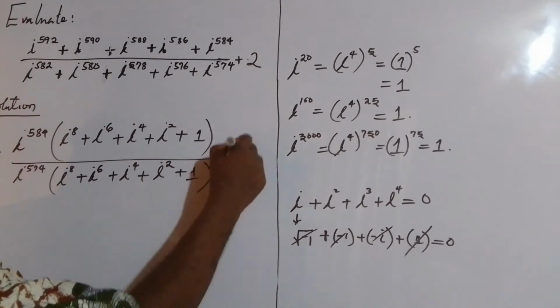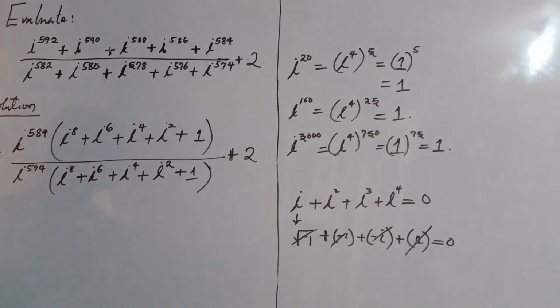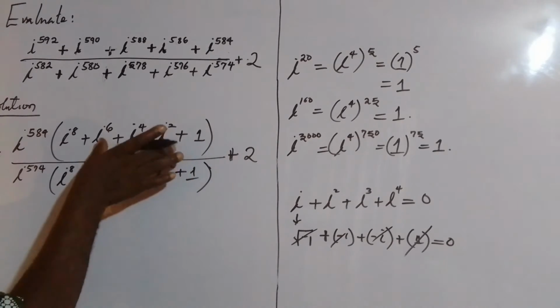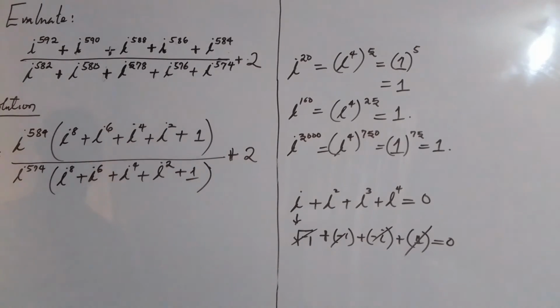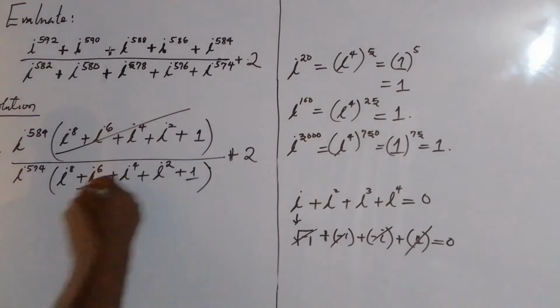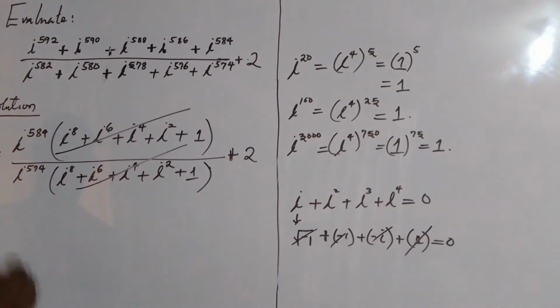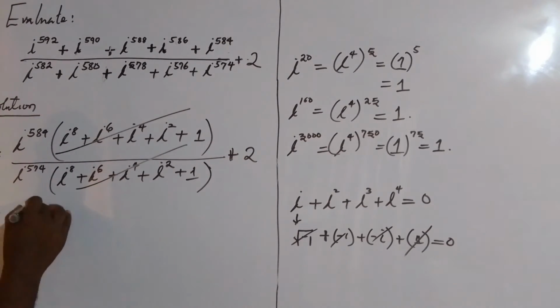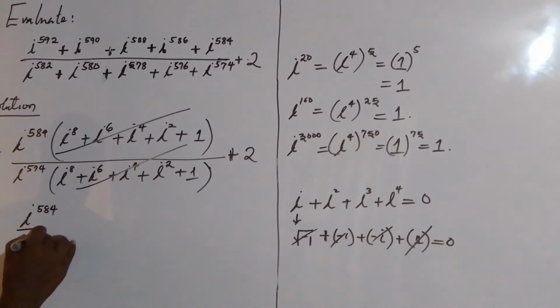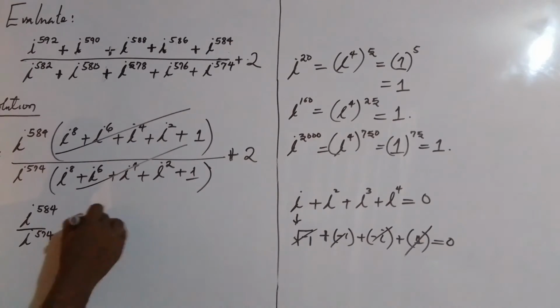All of these now will be added to 2. So from there, you can see that the brackets contain the same terms, so they can actually cancel out each other. So we have now i to the power of 584 all over i to the power of 574, plus 2.